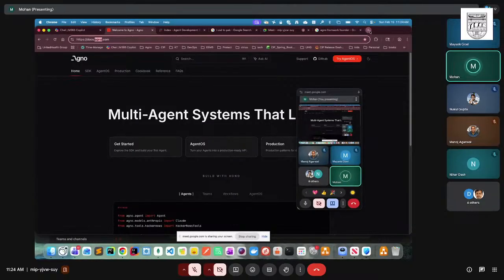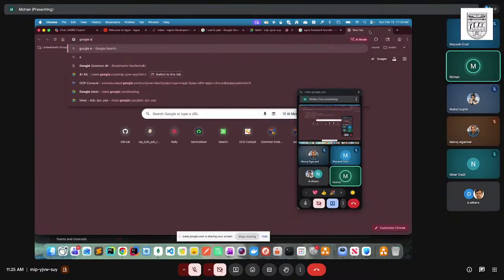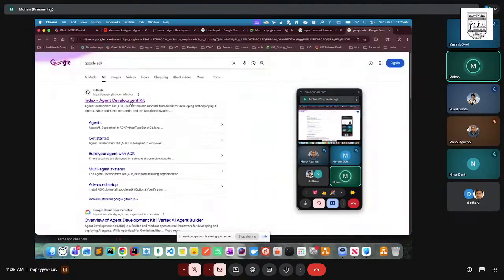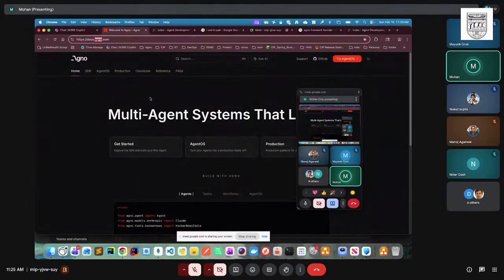If you go to Google's technology page and look up Google ADK, this is the link for that framework, and you will get to know what the Google ADK framework is. OpenAI also provides its own API documentation, using which you can build an agent.